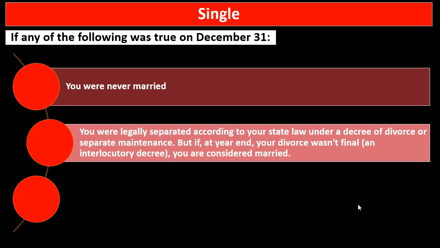In the case where someone was never married, well, that's pretty straightforward, unless there's some kind of situation where they would qualify for a head of household status. But in the case of a divorce or a separation, that's usually where you have the question. But if at year end your divorce wasn't final, an interlocutory decree, you are considered married.